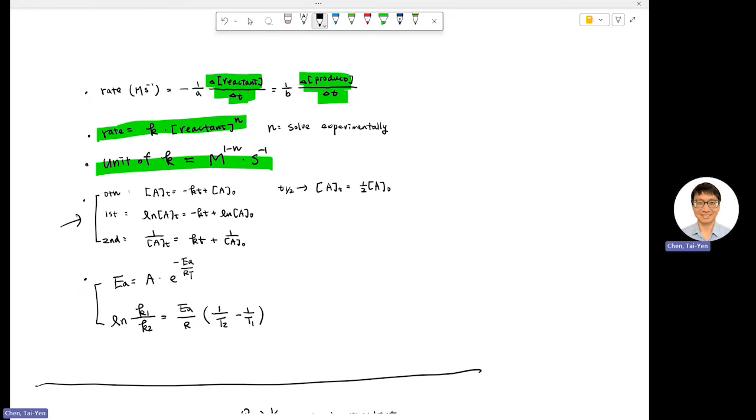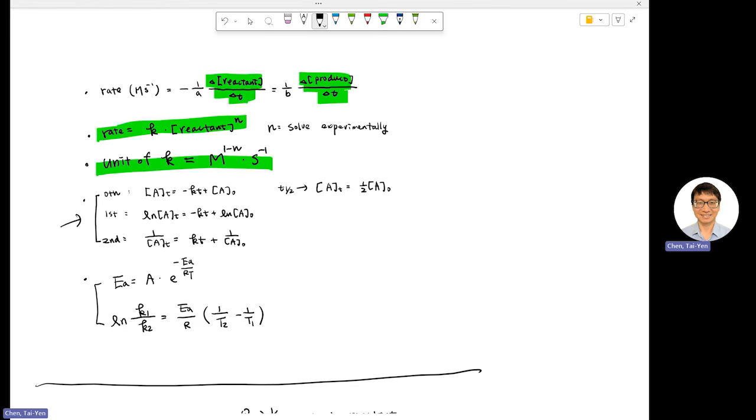Next, we'll start to talk about the integrated rate law for single component reactions. It can be zeroth order, first order, or second order. Depending on the order given in the question, you should use a different equation.